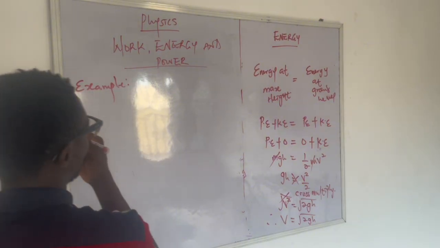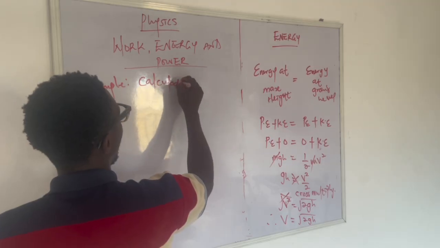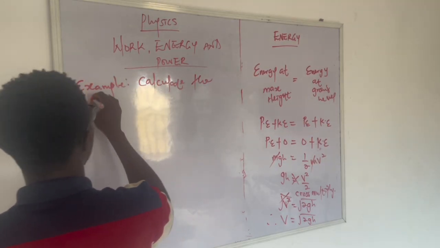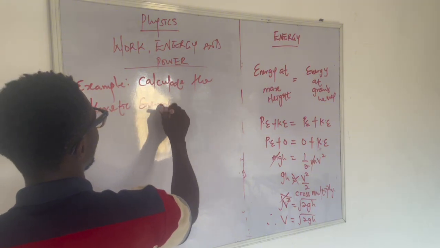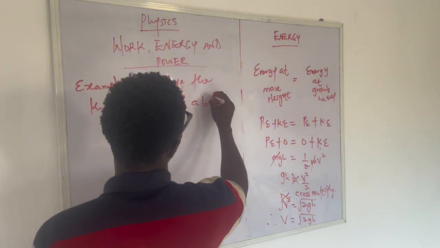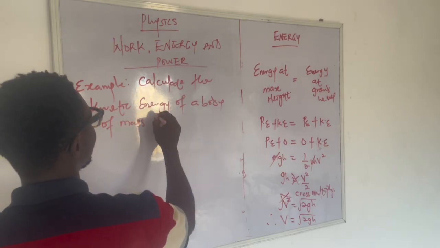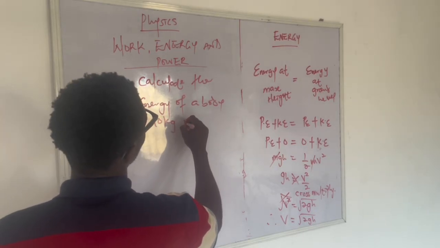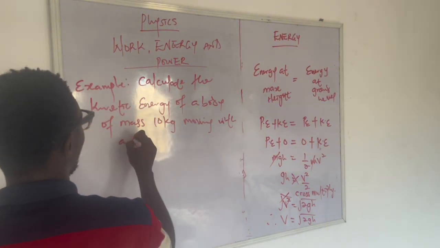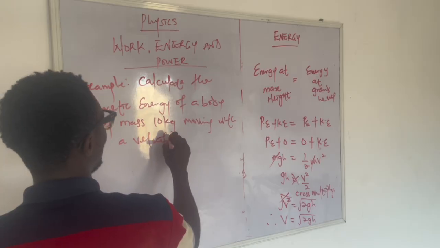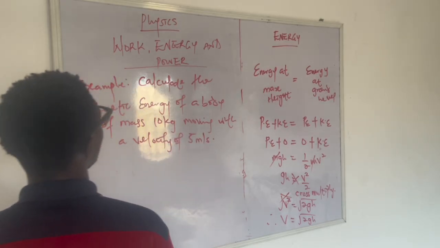example. It said calculate the kinetic energy of a body of mass 10 kilogram moving with a velocity of 5 meters per second.